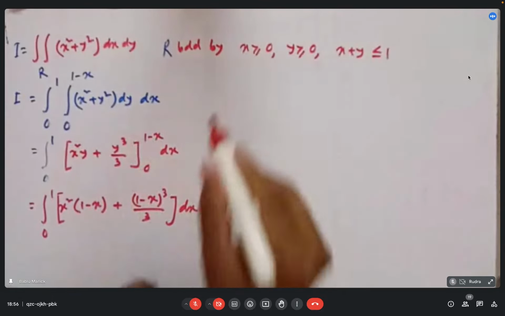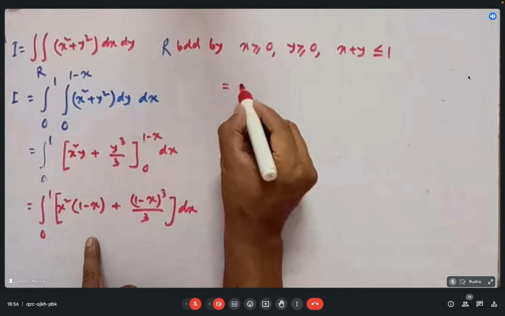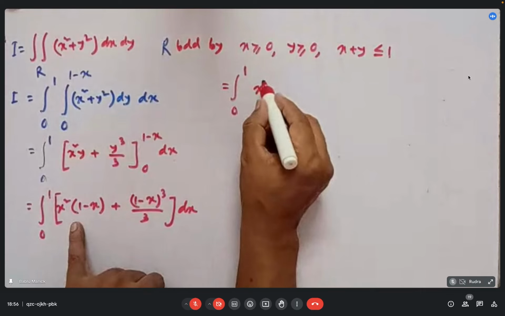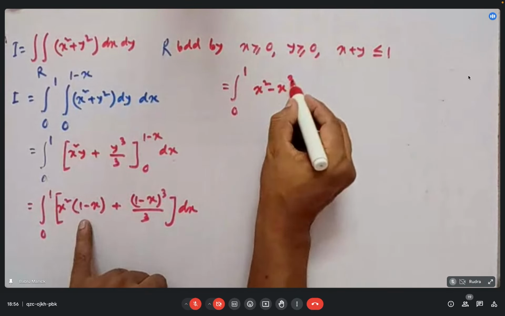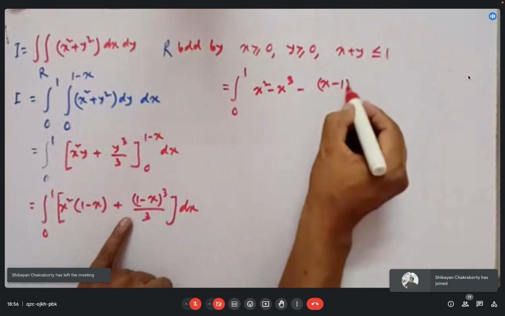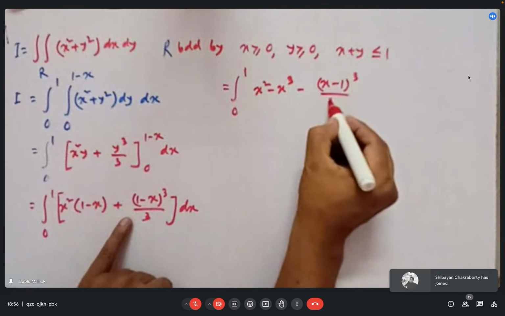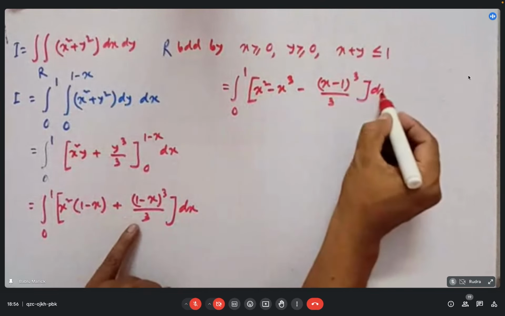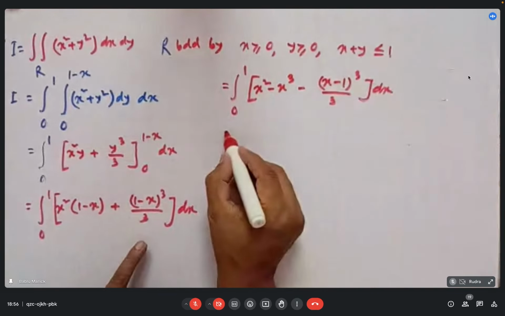Now this is equal to the integral from 0 to 1 of x square minus x cube, minus of x minus 1 whole cube divided by 3, dx.